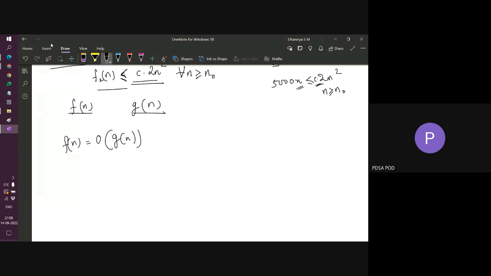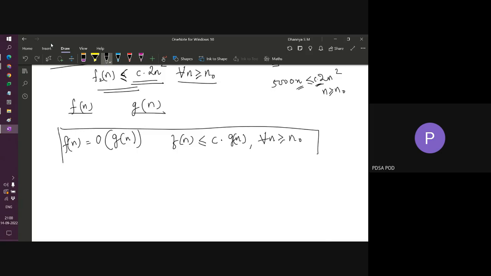See, this condition is there: f of n is less than or equal to c into g of n, again for all n greater than or equal to n0. This is the crux of O notation, where there exist some c and n0.